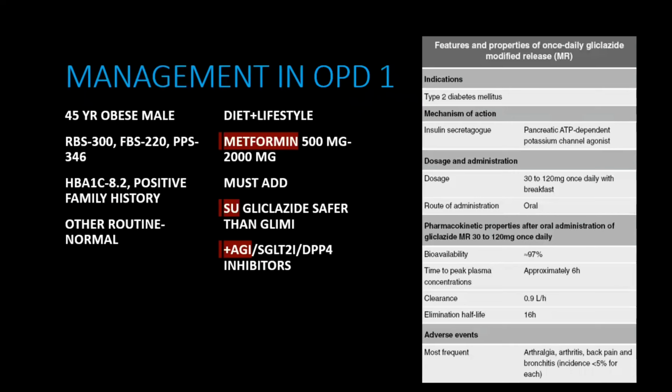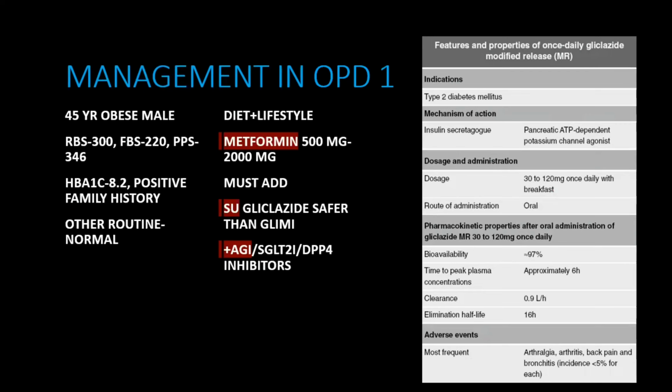Management in OPDs. Suppose a 45-year obese male with RBS 300, FBS 220, PPBS 346, HbA1c 8.2 and positive family history. Other routines are normal. We should advise diet and lifestyle and metformin 500 to 2000 milligrams.